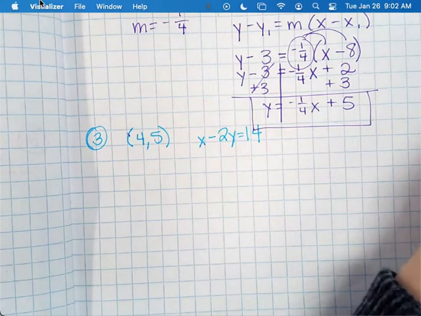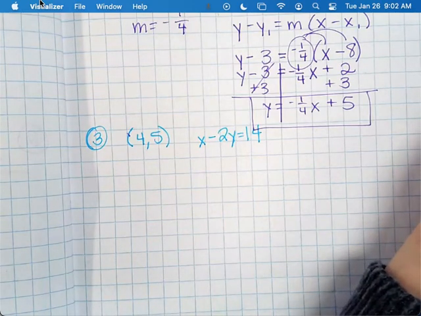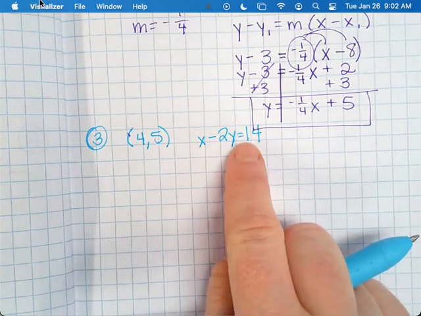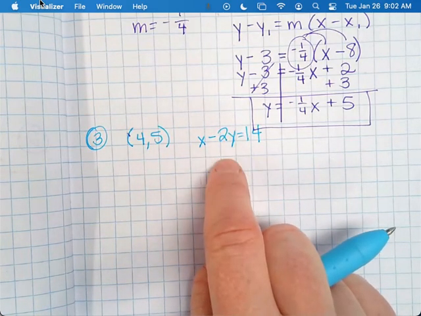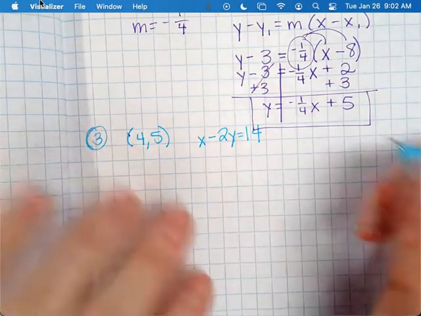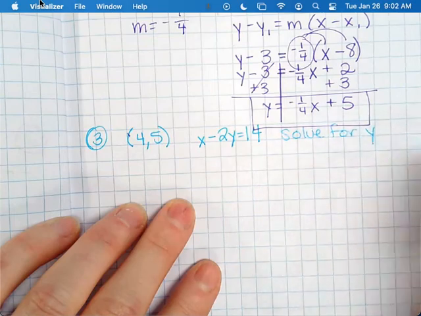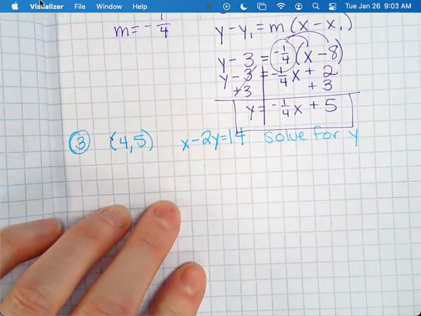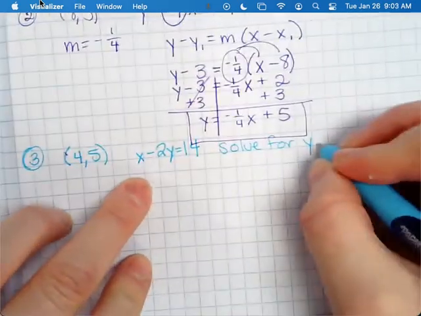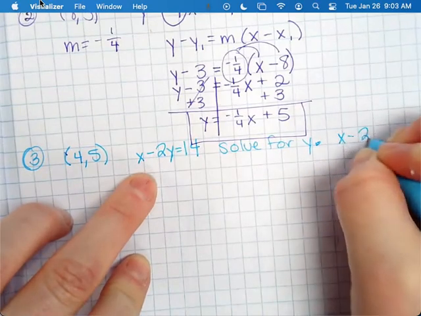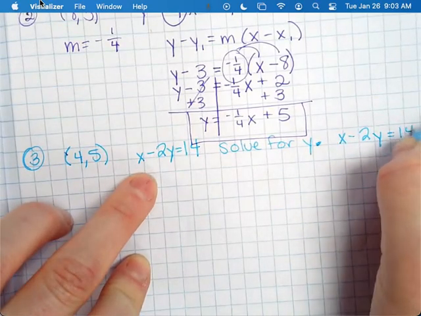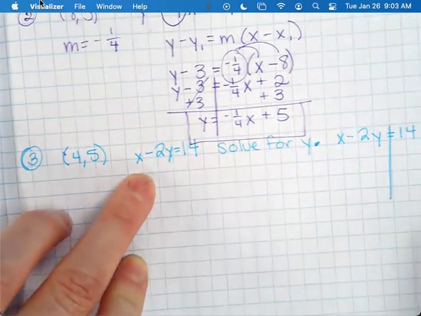Okay, so for it to be parallel, it has to have the same slope. But this isn't written as y equals, so I can't find the slope easily. So I need to solve it for y first. So I'm going to rewrite it over here. x minus 2y equals 14. I'm going to solve it for y.